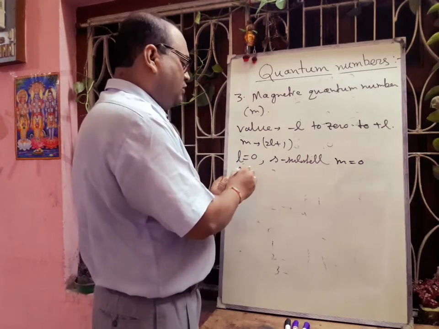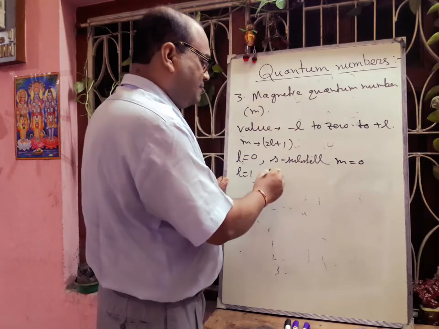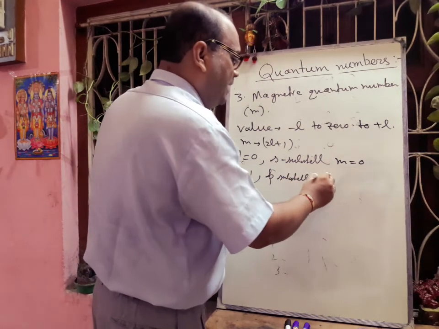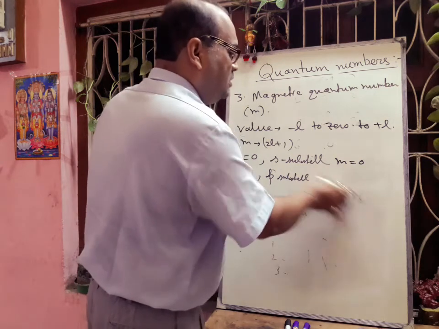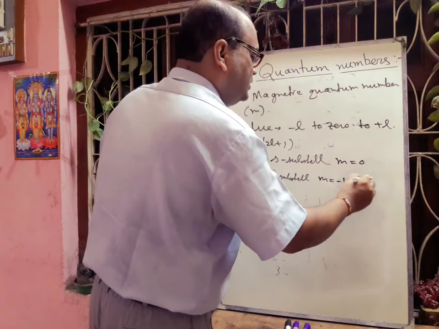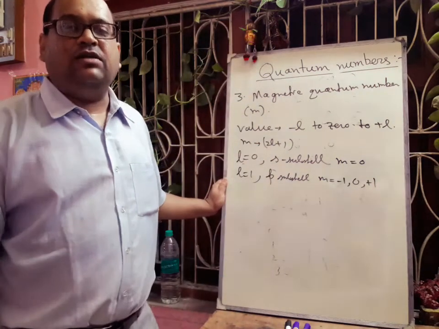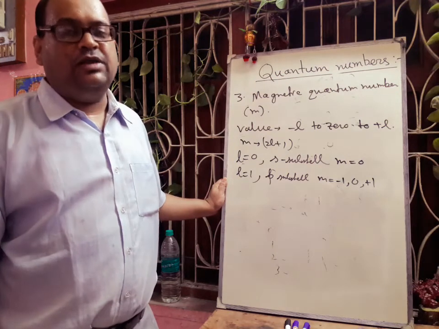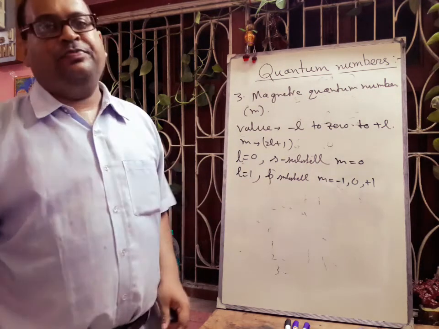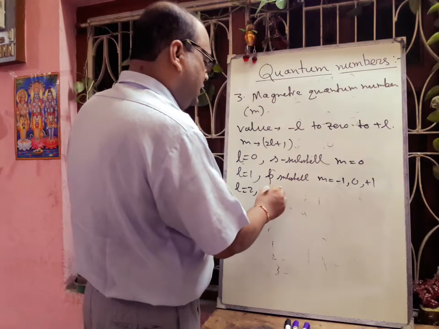Next, when L is equal to 1, then it is definitely the p subcell. Now what will be the value of m? m will have 3 values because minus L means minus 1, 0 and plus 1. That is why there will be 3 values for 3 orbitals for the p subcell. Whenever we are considering L is equal to 2, that is the d subcell.